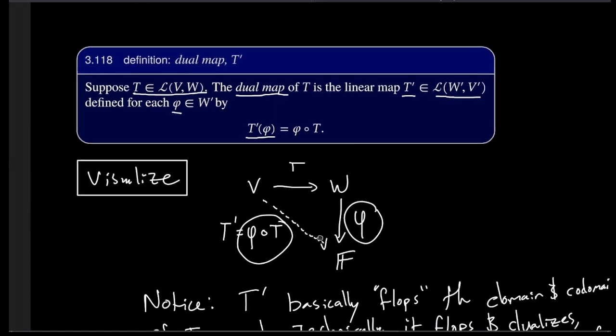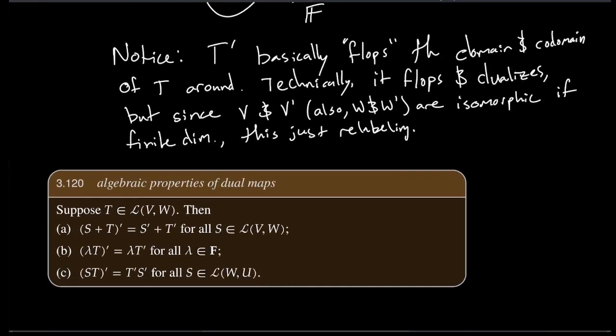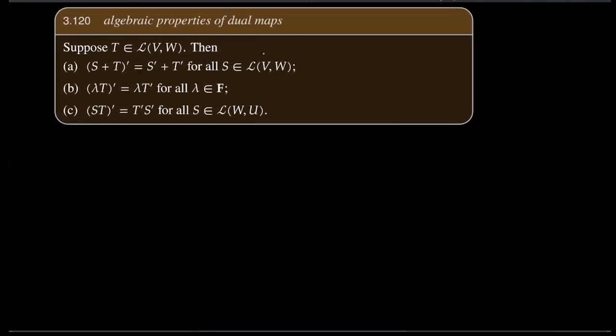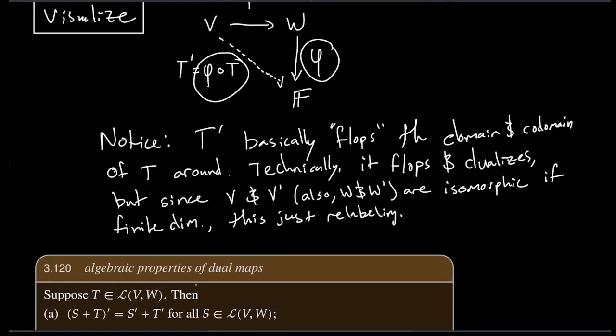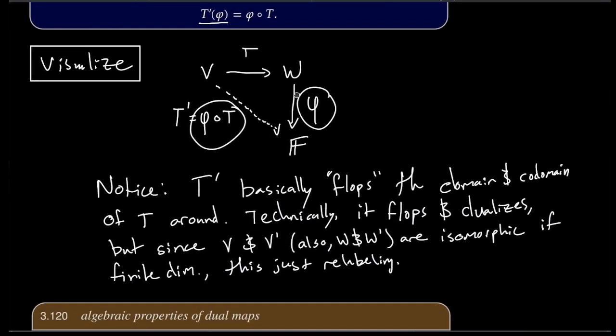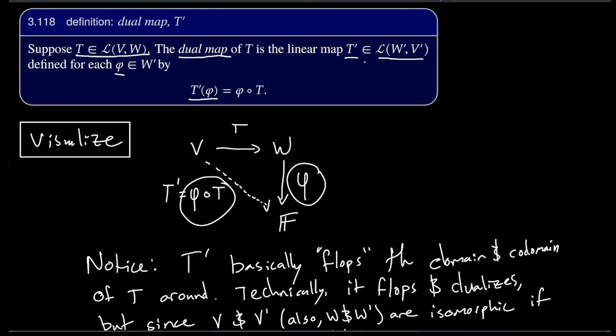Okay, so let's think about dual maps and talk about some basic algebraic properties of them. First things first, we should think about linearity. Let me even write this up here, just for linearity. I'm claiming that T prime is in L of W prime to V prime.